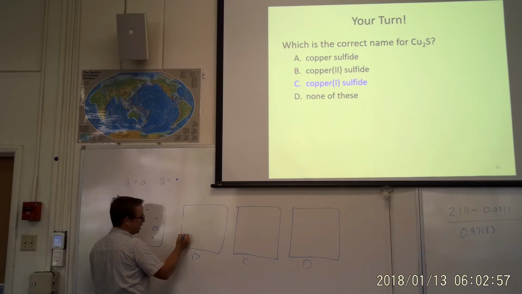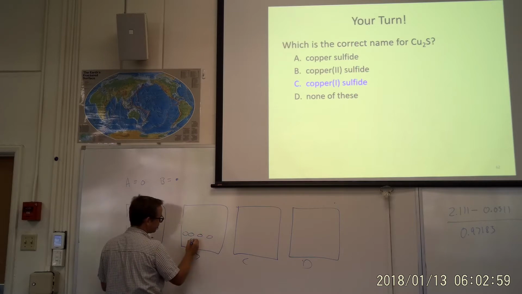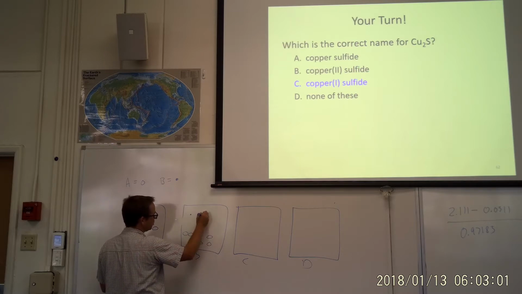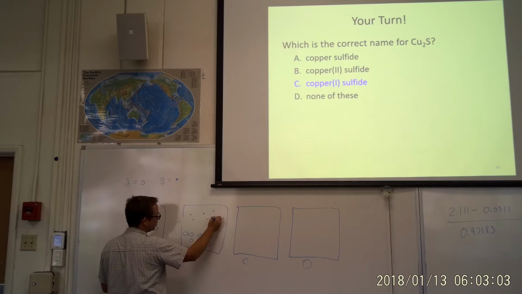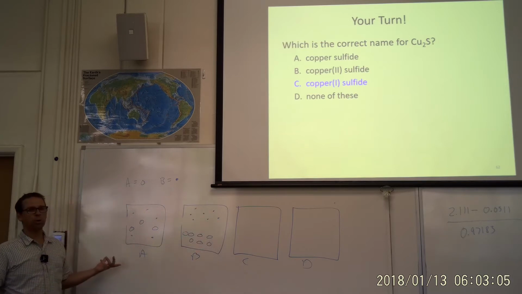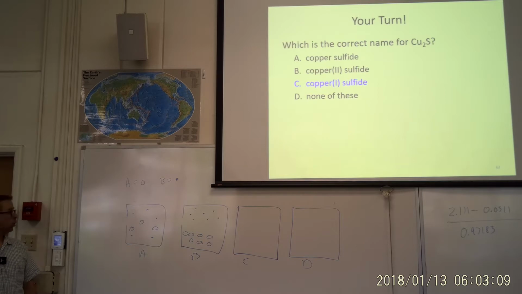But something like this, which one of those is more homogeneous, A or B? Homo means same, and what's the same about a homogeneous mixture? Same amount of the different components in given locations, right?